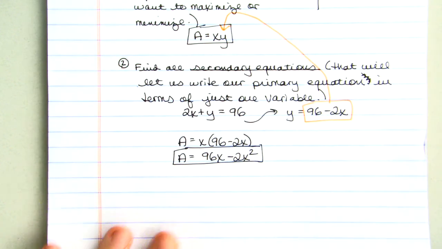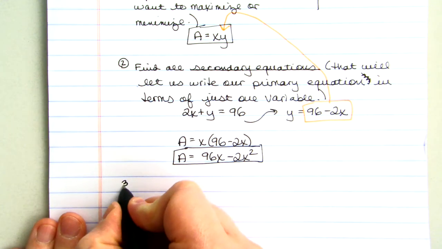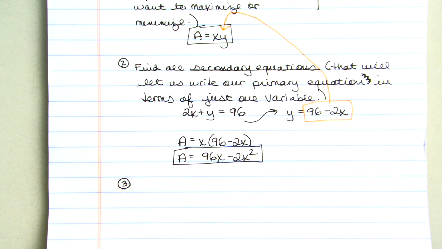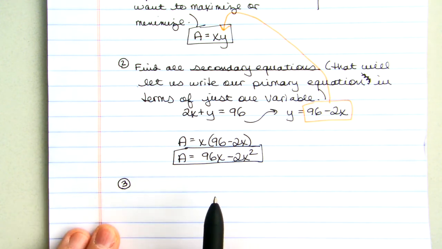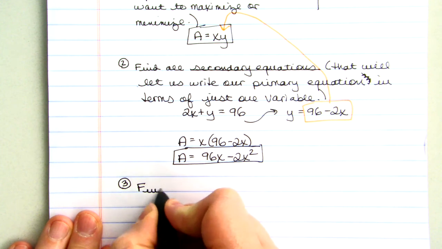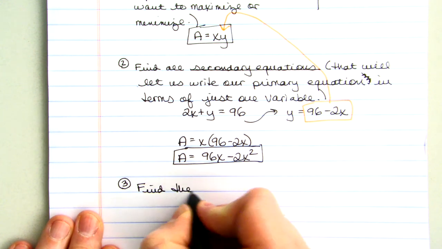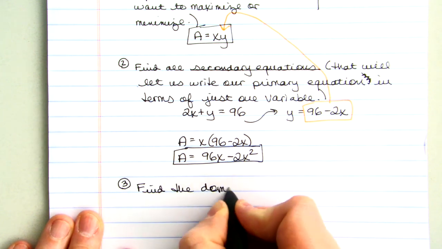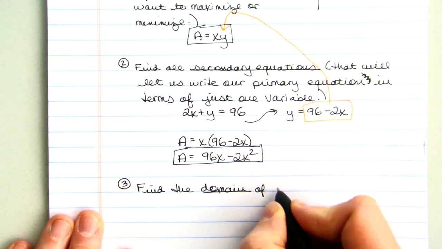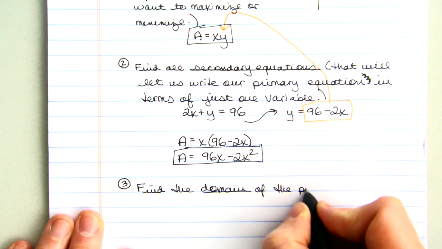Before we go on and actually find the maximum, though, the third thing we're going to have to do, because it's going to help us deal with our maximum, is I need to find the domain of our primary equation.